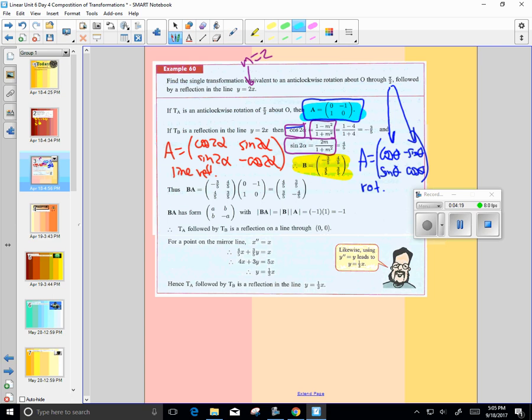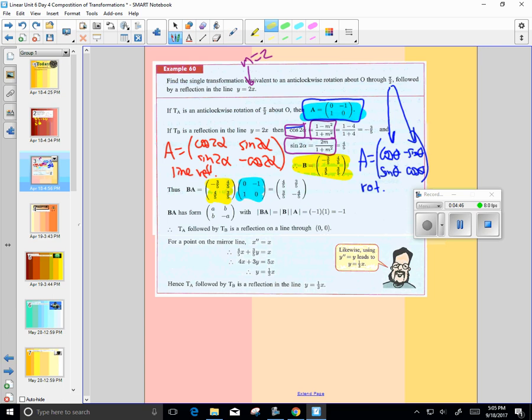Now the first thing I'm going to do is the rotation, and then it's the reflection about the line. So that's why I reverse them, because I want to put B first and then put A. If you put them in reverse, they will not be the same.